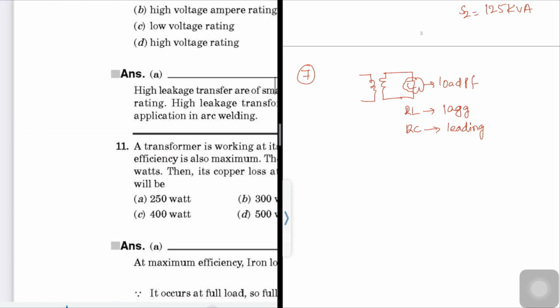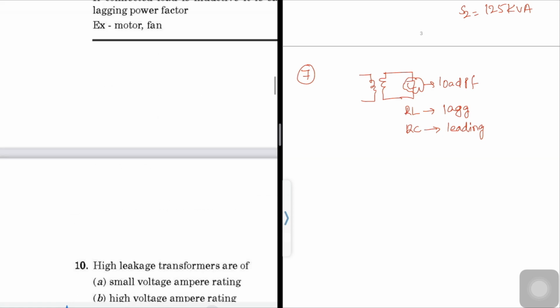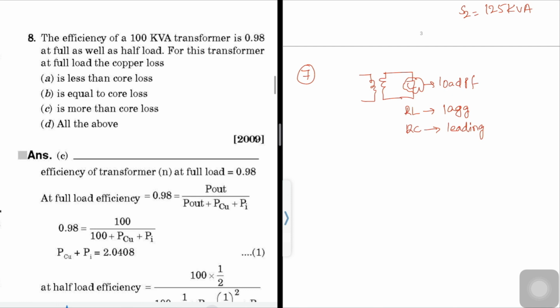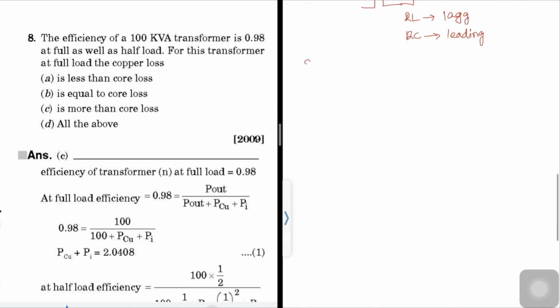Okay, coming to the eighth question. The efficiency of a 100 kVA transformer is 0.98 at full load as well as at half load. If we write efficiency equals x times the kVA rating at full load by x times the kVA rating plus x square into copper loss at full load plus iron loss.